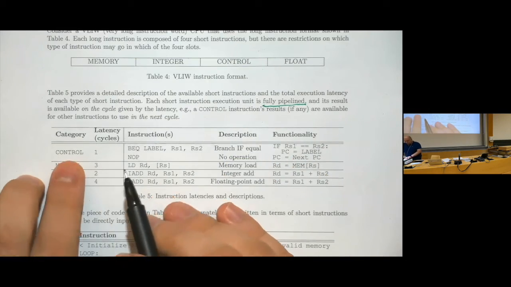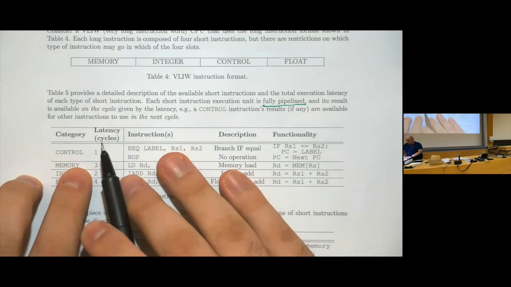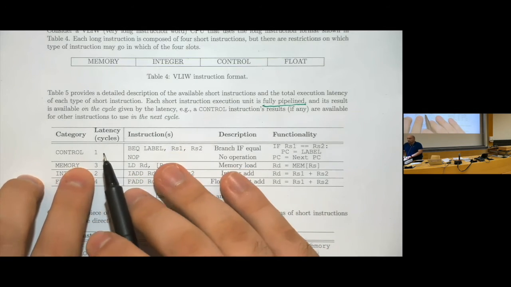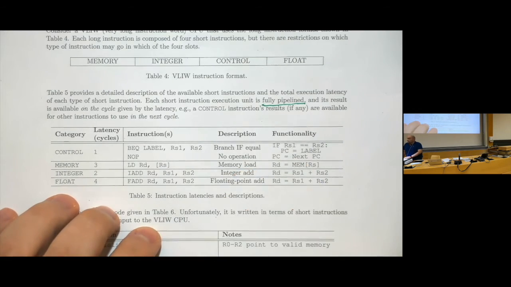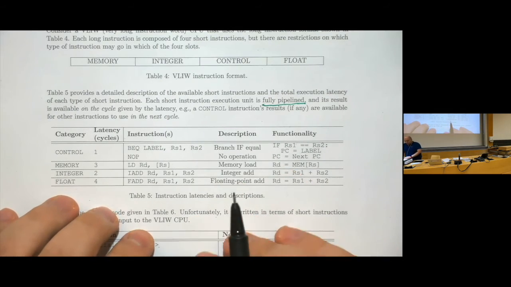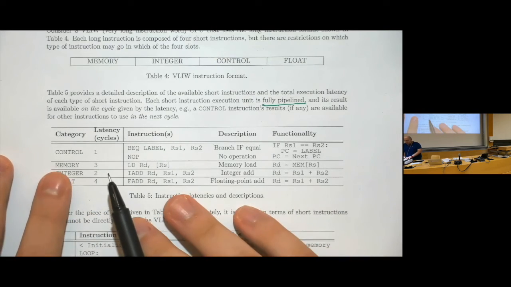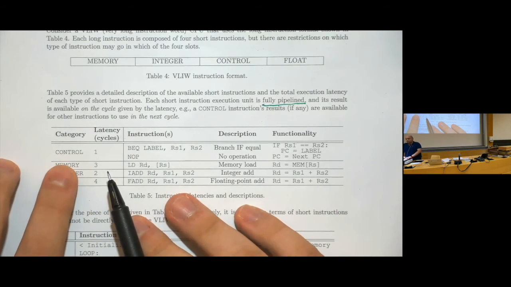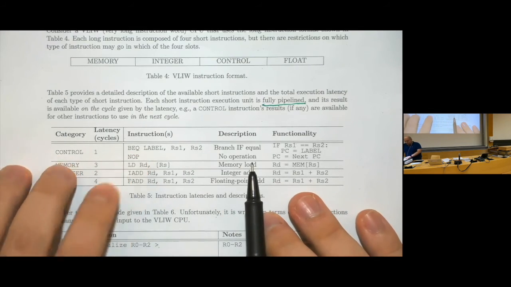Let's take a look here at the category control in table 5. We see that the corresponding latency is 1. So what that means is we issue the control instruction, and then the result is going to be available right after, in the very next instruction. So the information that we need to get from this table 5 is that we have one type of control instruction, which is the branch if equal instruction.